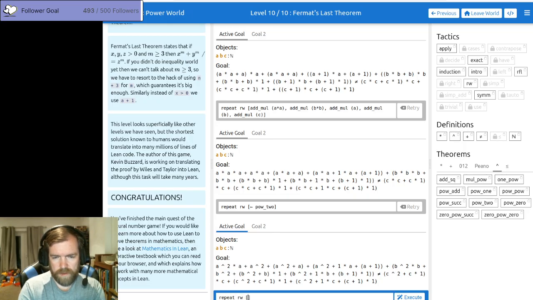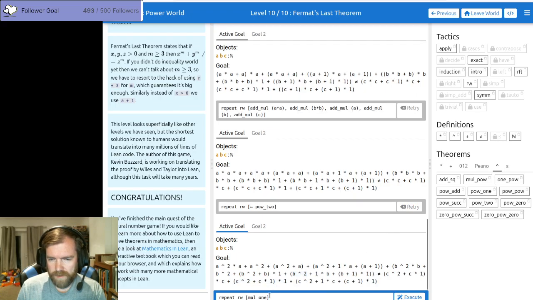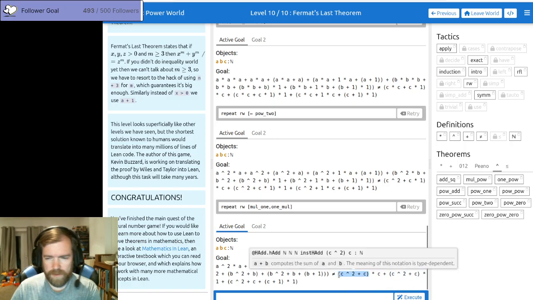Repeat rewrite of multiply by 1. Oh, it worked this time. You jerks. 1 and 1 mul. That one's gone. See, this one's still here. That's a pain. This one's still here. It's multiplying by a 1. You know you shouldn't need that.